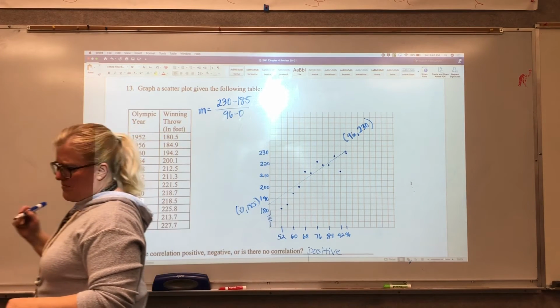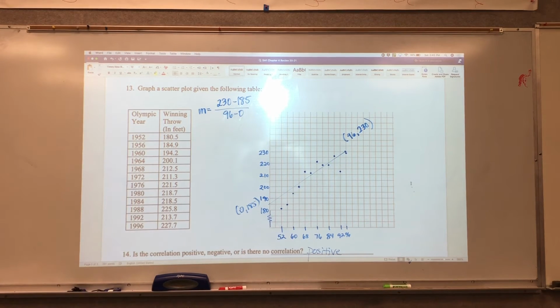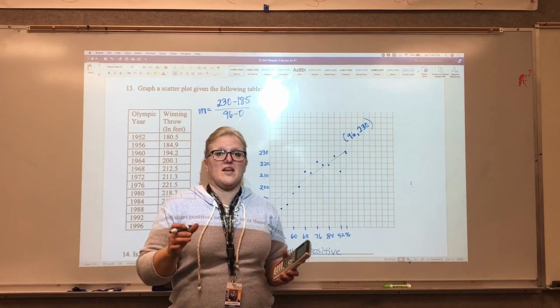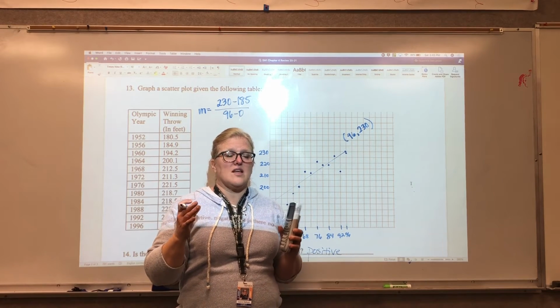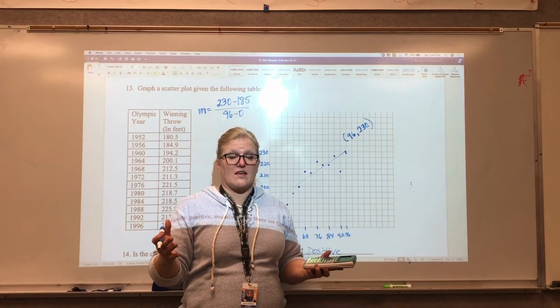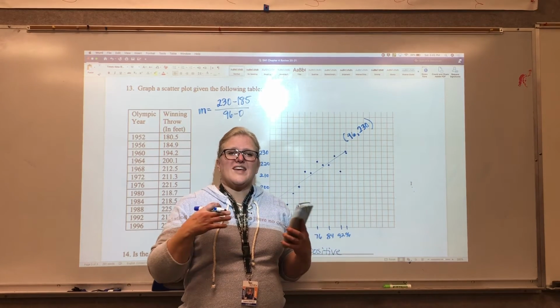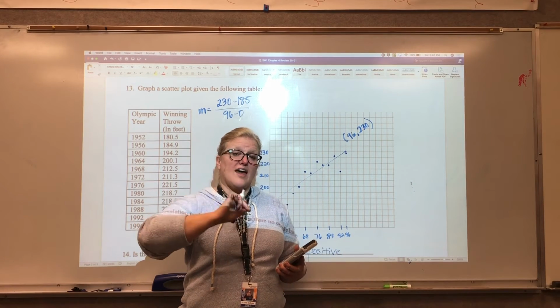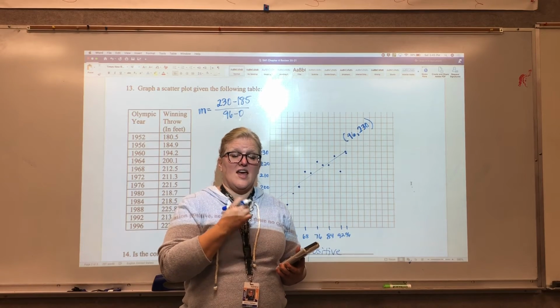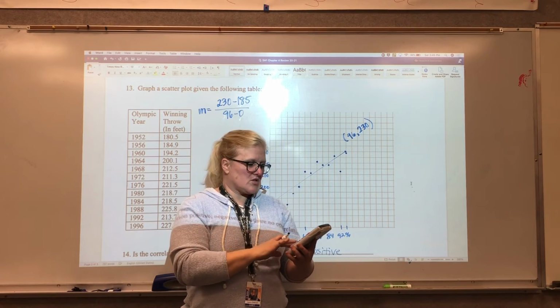And I gotta grab my calculator because every time I do this problem I get a different answer. And that's fine. If you do this problem and you get a different answer, that's probably a good thing. Well, it is a good thing. You don't want to get exactly what I have because your line of best fit may be different than mine, but the numbers are going to be really close.